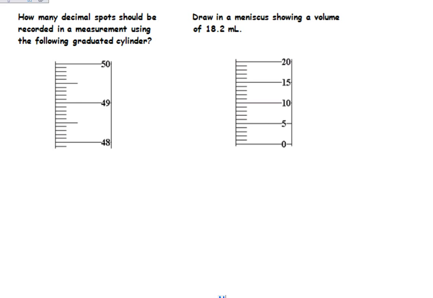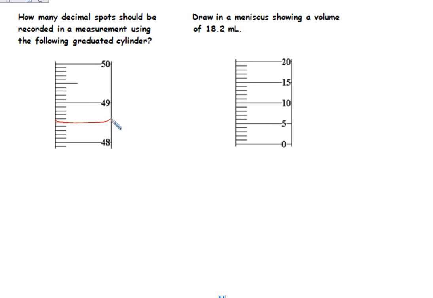Now again, there's nothing on this graduated cylinder. They're just asking me how many decimal spots I should record. So you got to check these markings. This is 48, 49, 50. And in between, this must be like 48.1, 48.2, 48.3, 48.4, 48.5. So let's pretend that I had something marked in here.